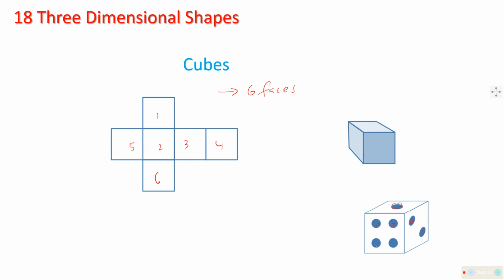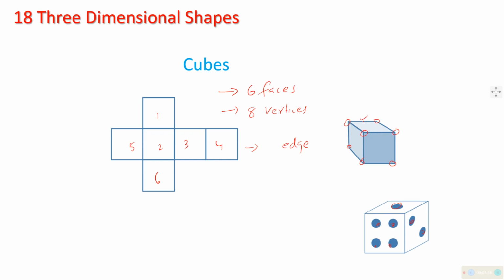Also, we know that if you think about vertices, these corners 1, 2, 3, 4, 5, 6, 7, and 1 which is invisible. Thus 8 vertices are there. And then the concept of edges. Edges are the meeting line of 2 faces.